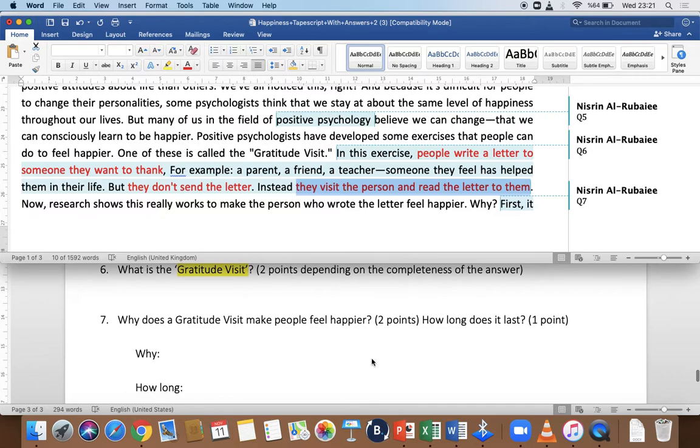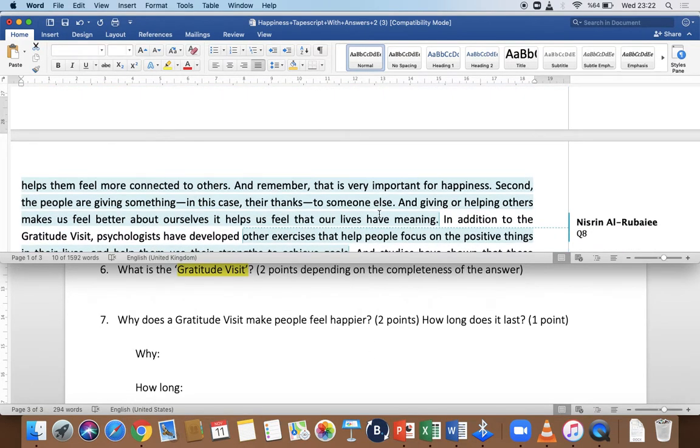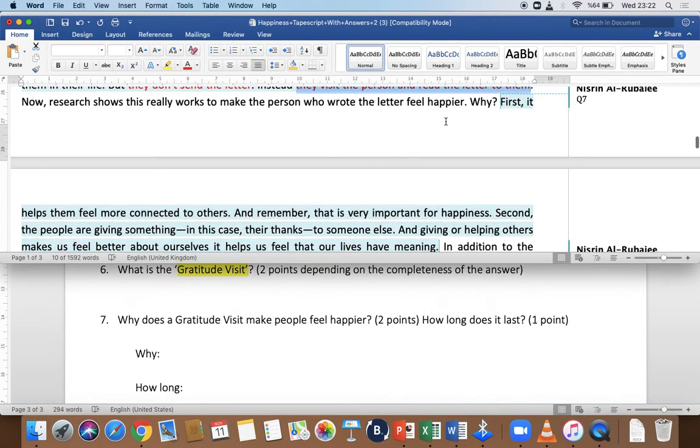And next question, why does a gratitude visit make people feel happier and how long does it last? The first one is this. First, it helps them feel more connected to others. This is one reason. And second reason, people are happy because they are giving something. What is something here?